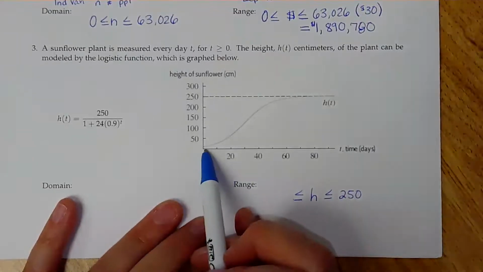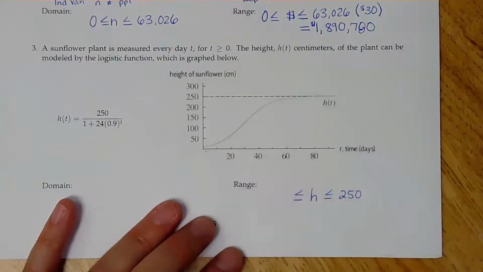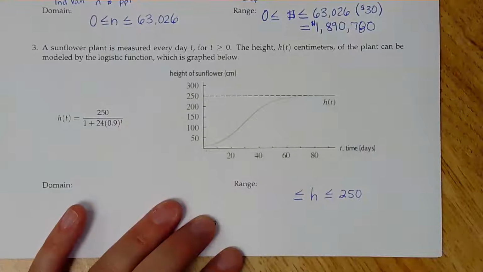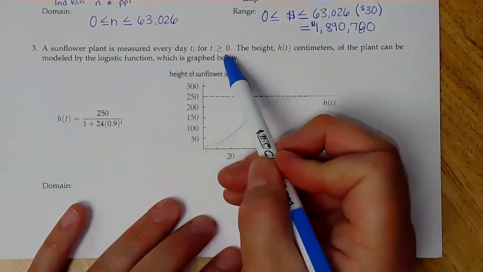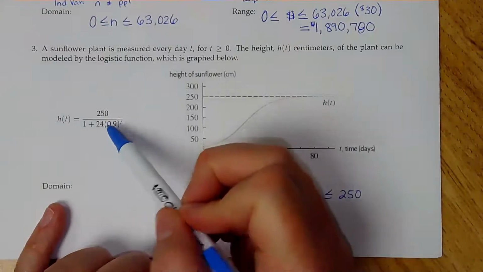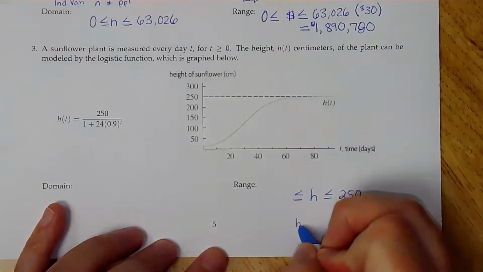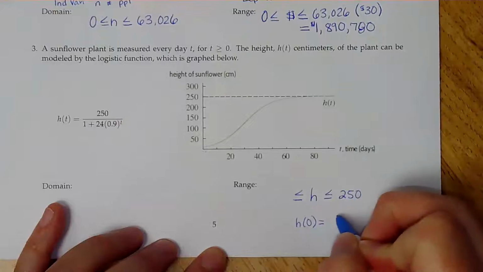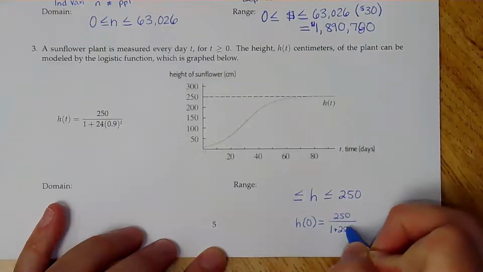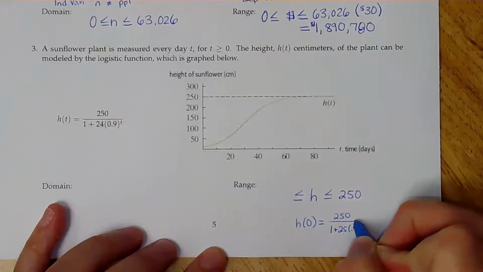But this lower end, it looks like it's greater than 0. So let's see if we can figure out what that would be. We do know that the smallest little t could be 0. So if I plug 0 into this function, h of 0, it's going to be 250 over 1 plus 24 times 0.9 to the 0.